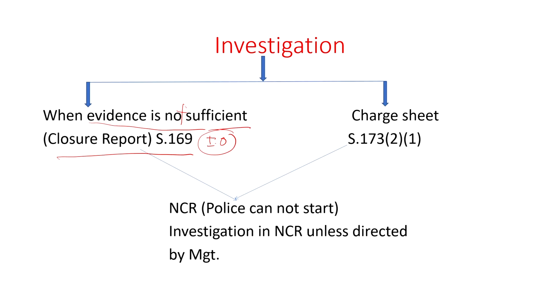So, NCR, you all might be knowing that I have also written this word NCR, non-cognizable report. Police cannot start investigation in an NCR unless directed by the magistrate, meaning thereby in case of a non-cognizable offence, no police officer can start investigation unless he is directed by the magistrate to start the investigation, because non-cognizable cases are not more serious crimes in nature.